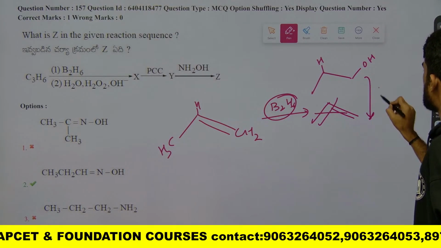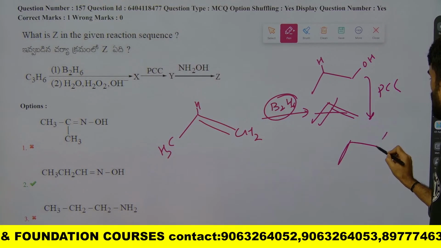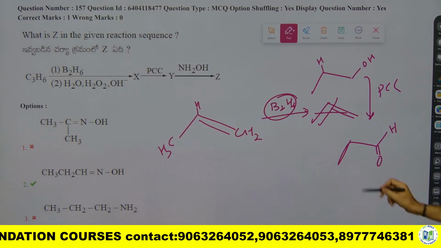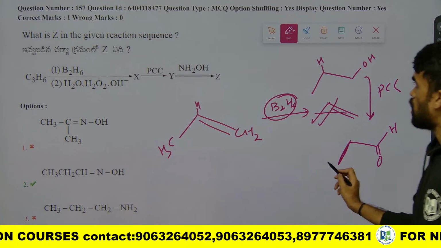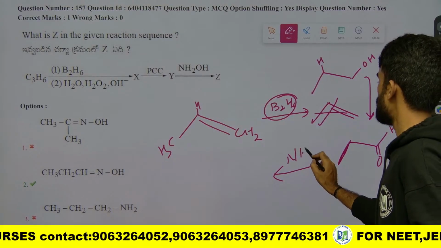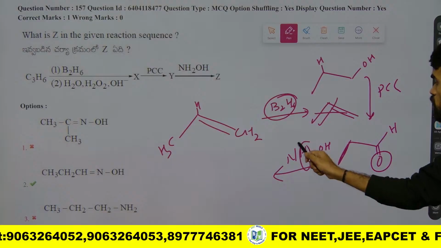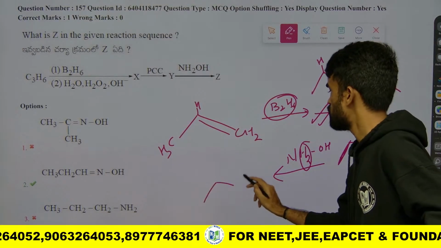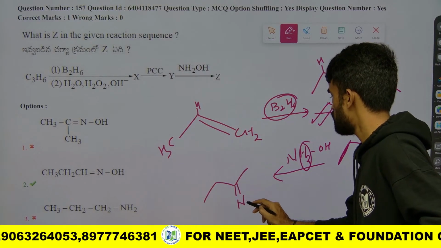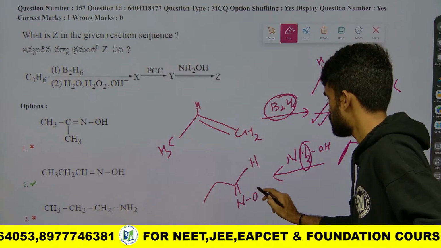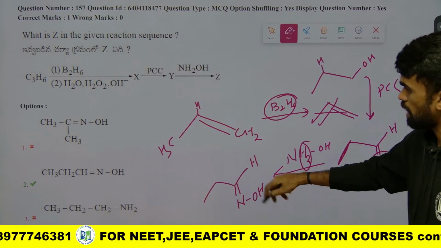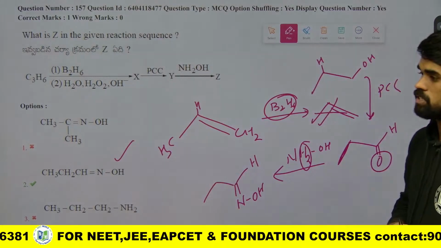Now we are treating with PCC, which means it will become an aldehyde like this. Then treat this aldehyde with NH2OH: remove this oxygen and these 2 hydrogens and write the remaining part, NHOH. This is what you will get. An option like this is there, and that is your answer.